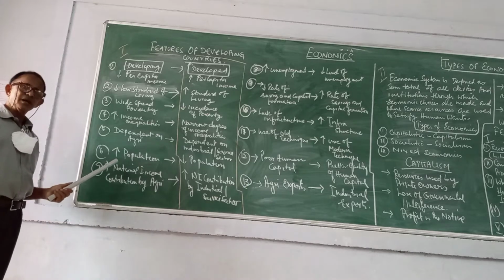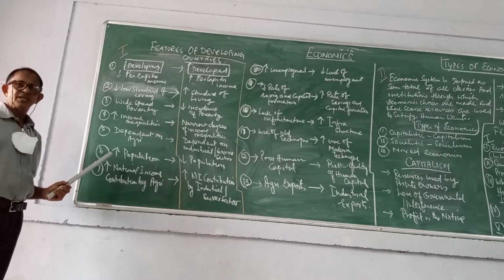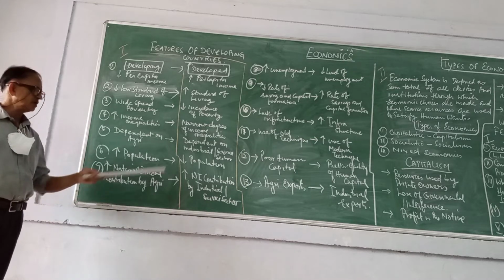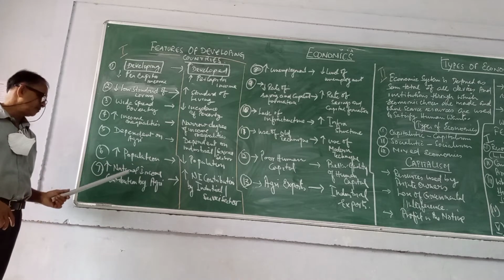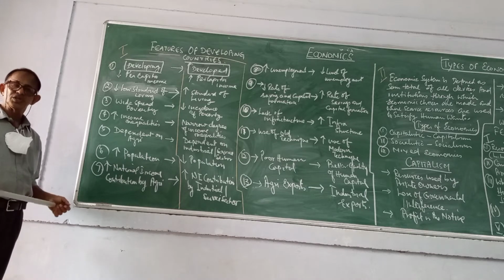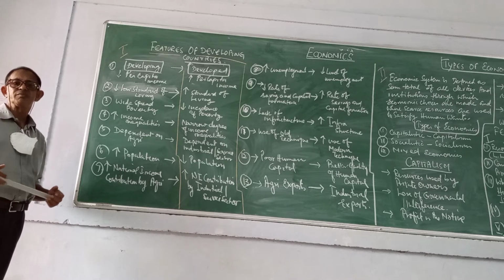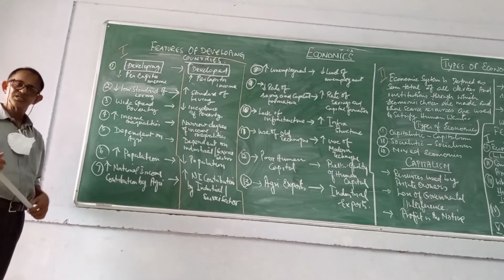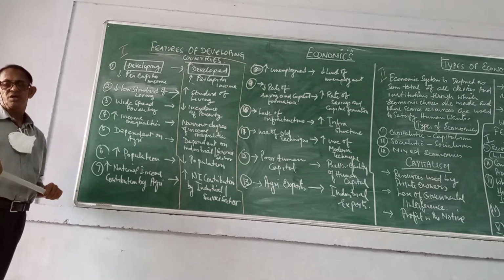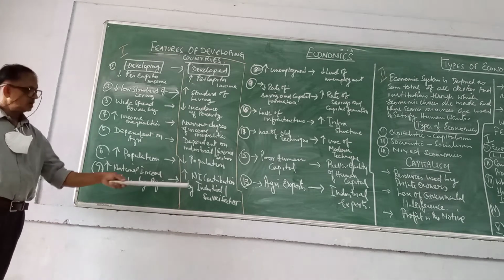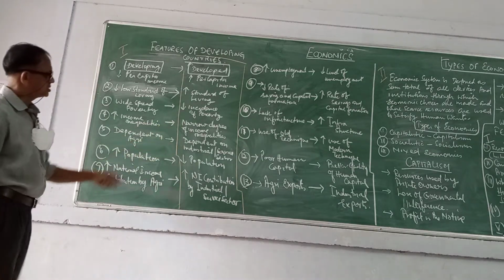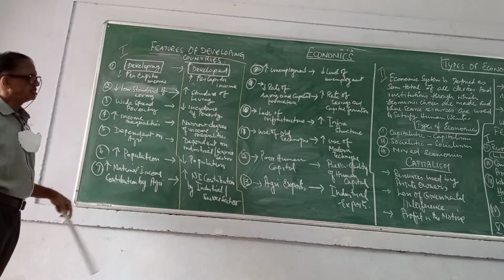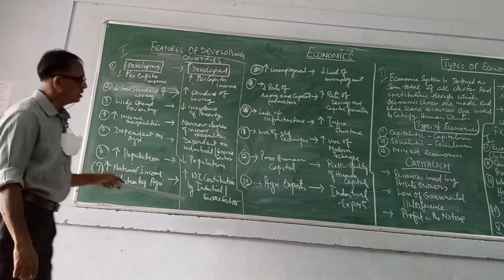Developing countries are characterized by high population, whereas developed countries are characterized by low population. National income contribution comes majorly from agriculture in developing countries, whereas it comes majorly from the industrial and service sector in developed countries. I hope, children, these 7 points which I have discussed are very clear.